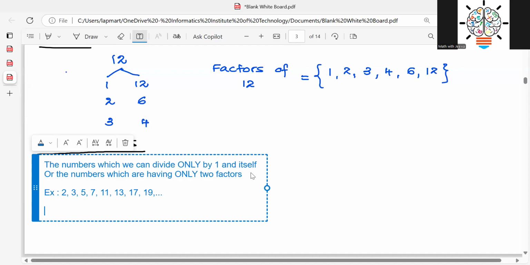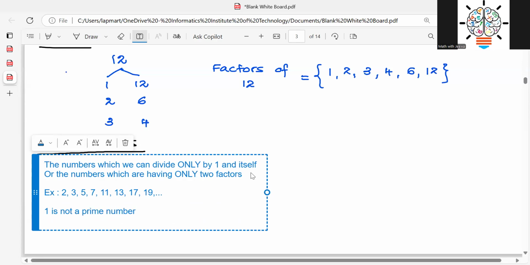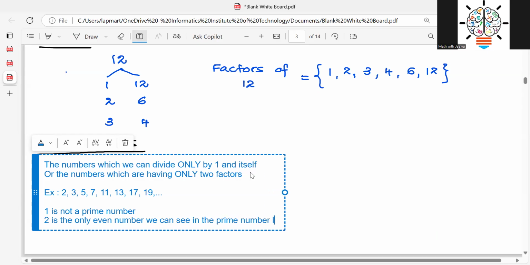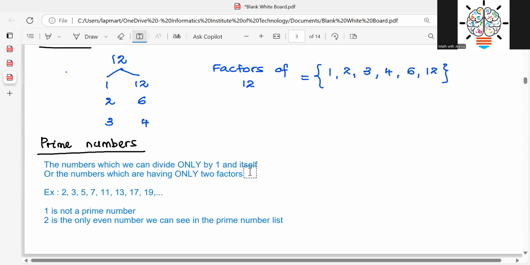So then here you want to understand 1 is not a prime number, and 2 is the only even number we can see in the prime numbers. Okay, so these things you should know. So then 1 is not a prime number, 2 is the only even number we can see in the prime number list.